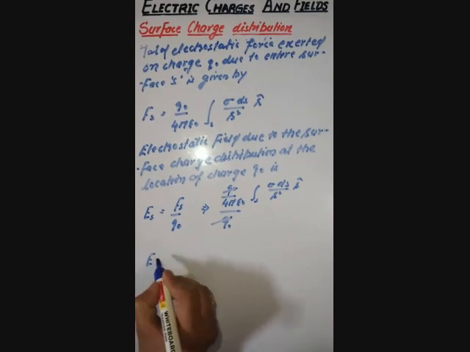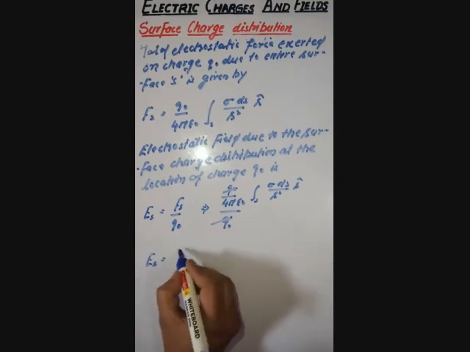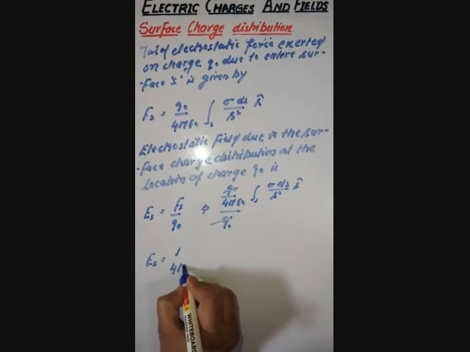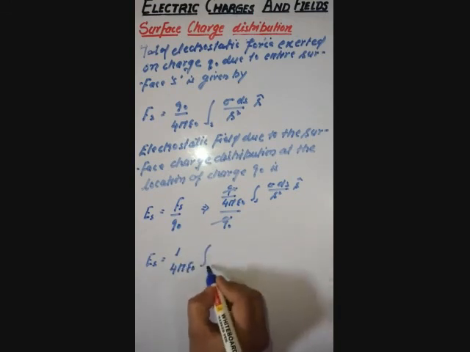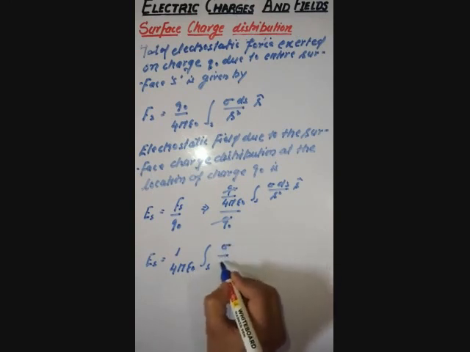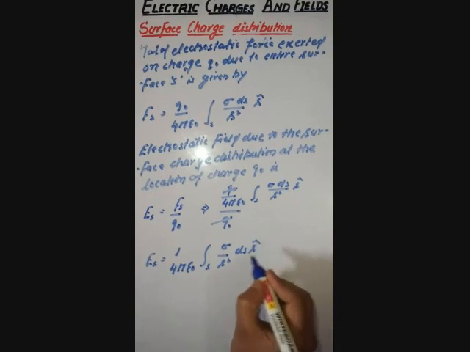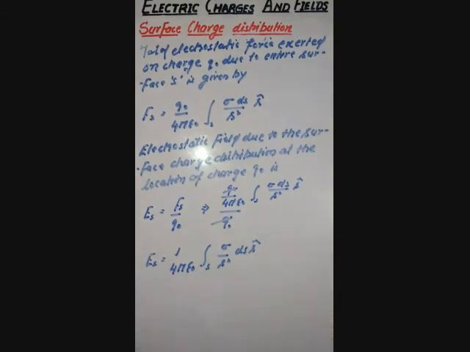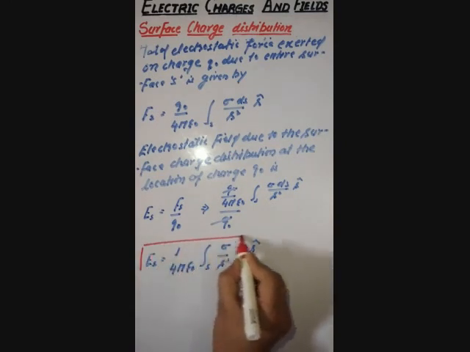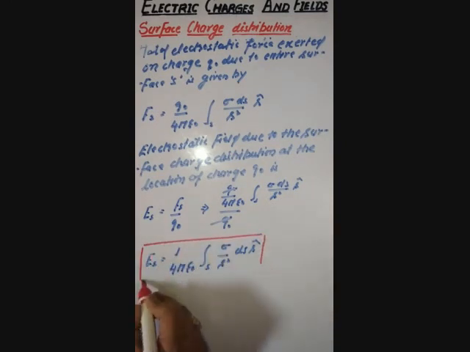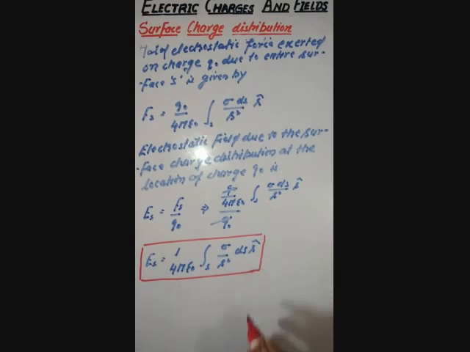So the electric field at the surface will become 1 upon 4 pi epsilon naught integration over the surface of sigma ds upon r square r cap. This is the formula for electric field. Thank you.